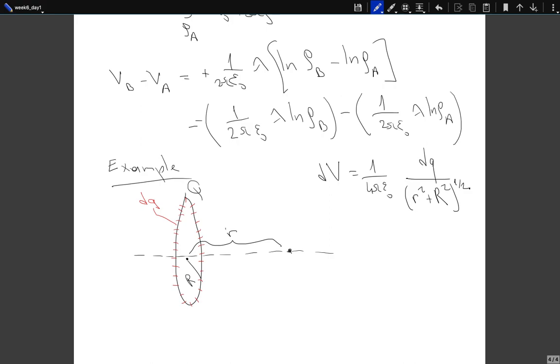This is the potential created by this very small segment. Now we have to add them up. The total potential, the sum of all these potentials, is the sum of 1 over 4 pi epsilon 0 dq over the square root of r squared plus R squared.